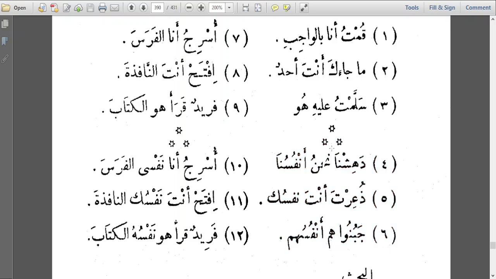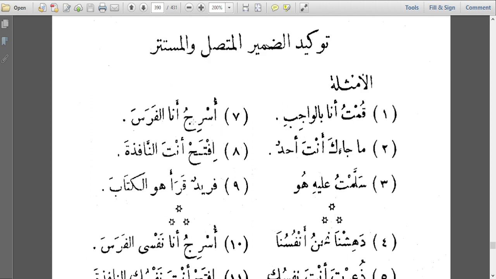How? Before you emphasize this, is ضمير الرفع المتصل. Okay, but it is ظاهر. We can see the pronouns here, right? But when you come here, the أسرج, the فاعل, as I said, is ضمير مستتر. افتح, the فاعل is ضمير مستتر. And then قرأ, the فاعل is ضمير مستتر.